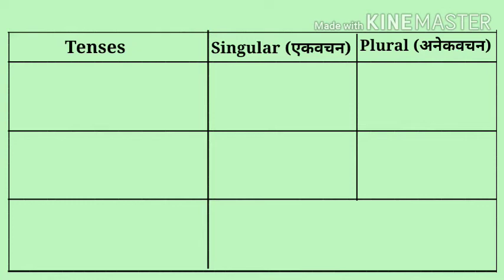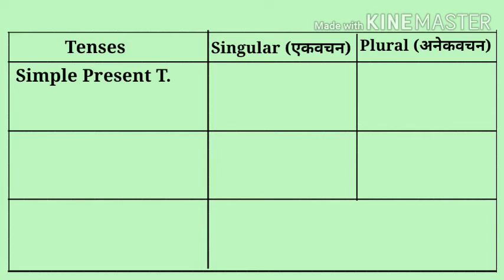Total 12 tenses are there, but the last column, that is perfect continuous, those sentences will not be asked in change of voice. So total 9 tenses remain. And see the chart. First of all, simple present tense, you have to follow the same sequence: simple, continuous, and afterwards perfect, and no need of perfect continuous tense. Okay, now first of all the present tense, then past tense, then future tense.